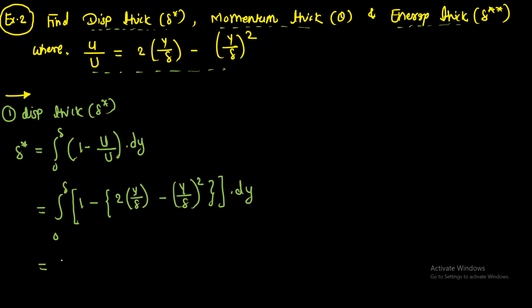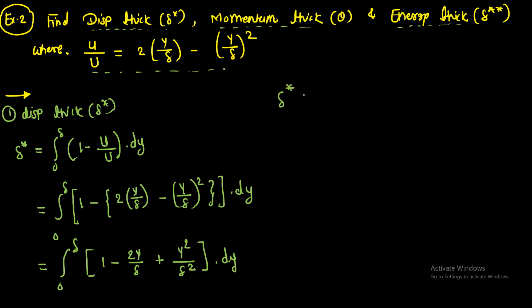Okay. So this is integration 0 to delta 1 minus 2y upon delta, this minus minus plus, so it is y square upon delta square into dy. Okay. Now integrate this complete equation.